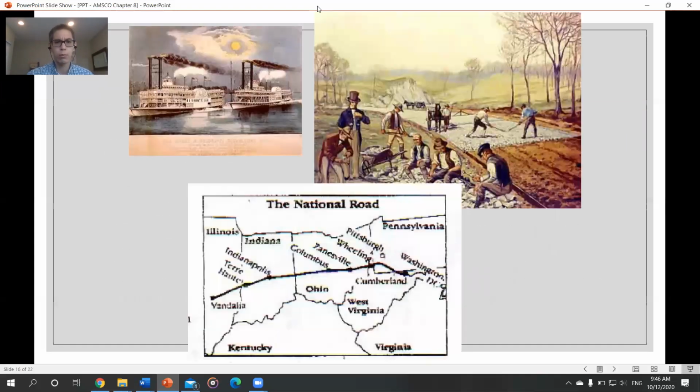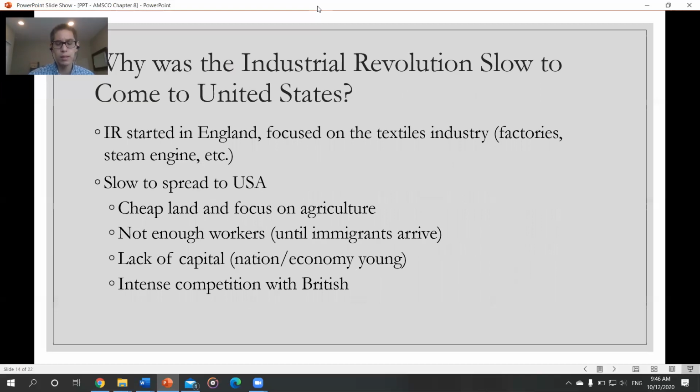Okay, the last thing that we are getting to is the transportation revolution and market revolution in the America. Now, 1800s, this is during the Industrial Revolution in England. While England is industrializing, the US doesn't, at least not at first. Partially because land was so cheap and plentiful in the America that there was an incentive to focus on agriculture.